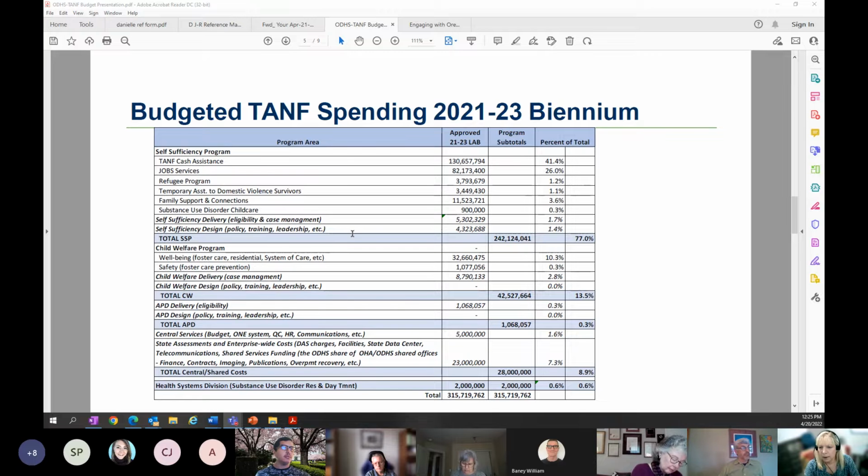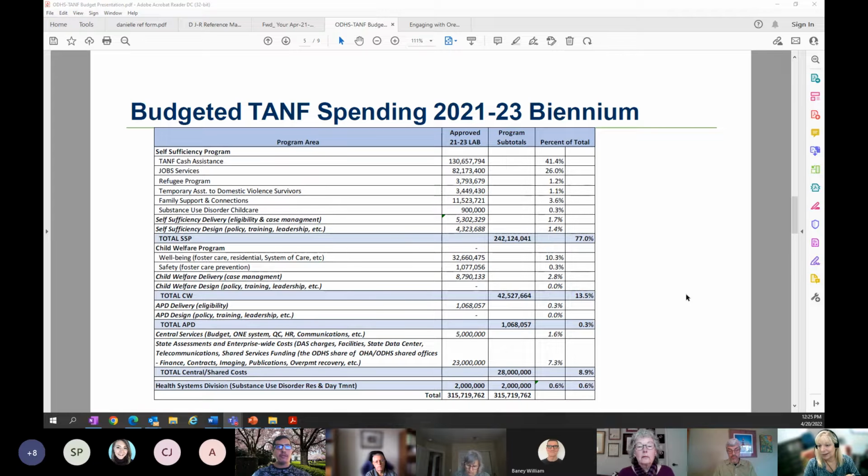And all of these numbers are based on the fall forecasted numbers, which at that time we had about 16,000 projected average caseload for TANF Basic, UN, and the domestic violence programs. The latest spring forecast is projecting we'll have about 2,000 more cases on average for this biennium.